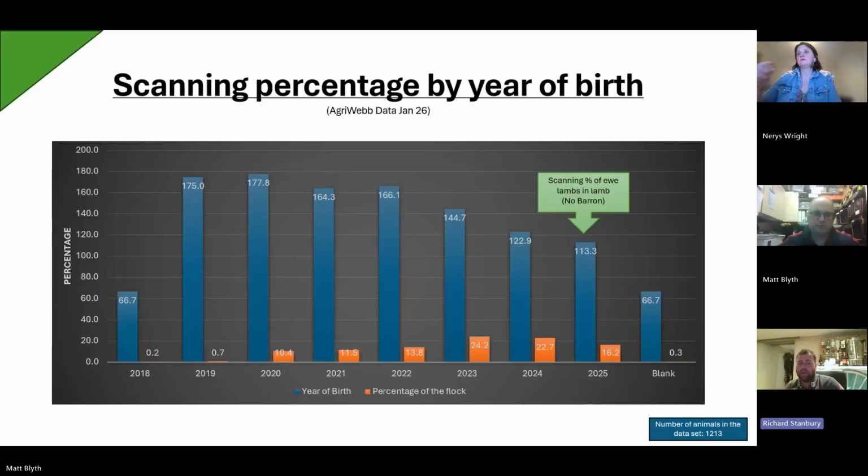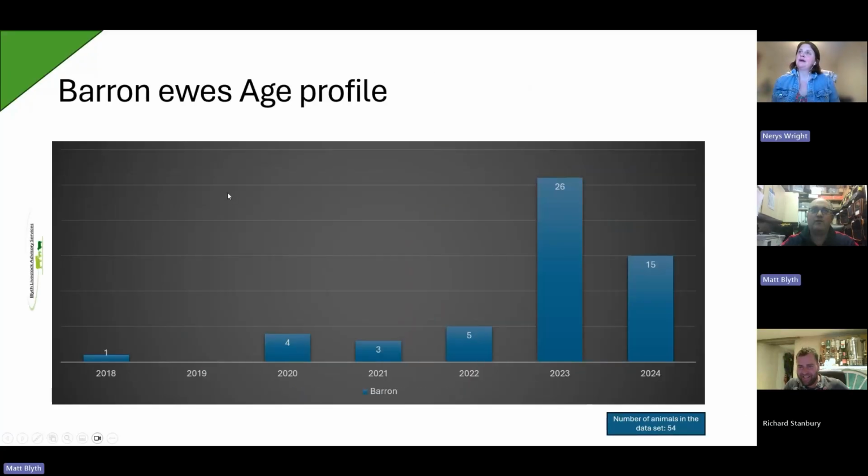It was just because someone else showed me their scanning card and they scanned at 170%, and their ewe lambs scanned in as well. And then they did the ewe lambs, I had them in, and they had 133%. So then I added my ewe lambs in, and actually I had a lot lower percentage of the ewes. And then it was like, oh, that doesn't sound so bad. I'm only 2% behind. What's this graph telling us here, Matt?